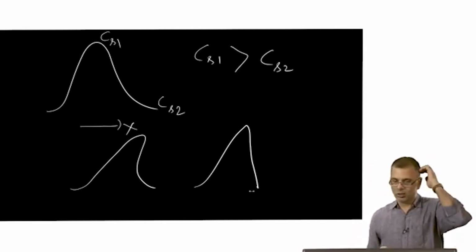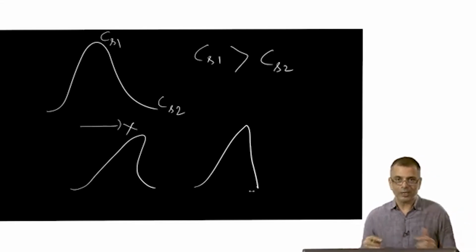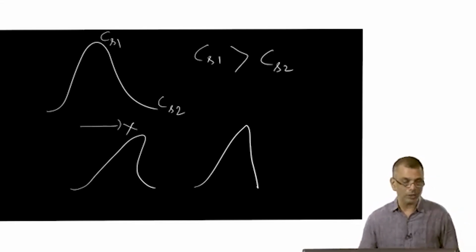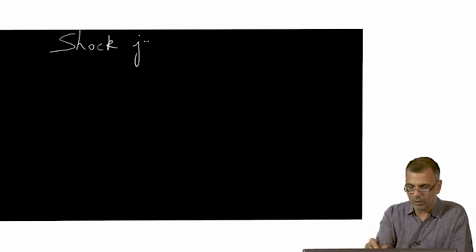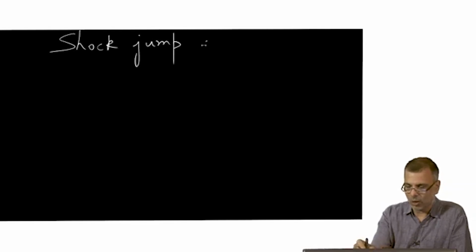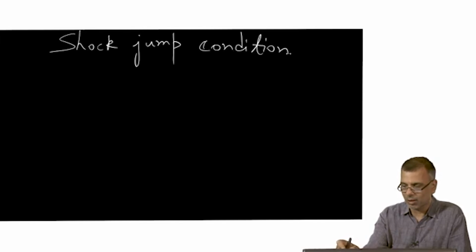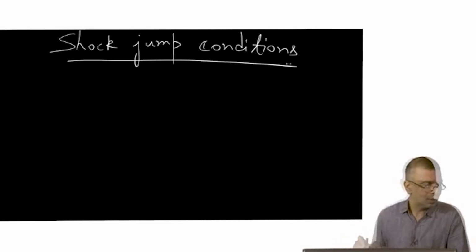And so this was like a 1-slide review of when a shock might form, and then what we did for sonic shocks was we wrote down the shock jump conditions. In other words, what to expect on either side of the shock, right?